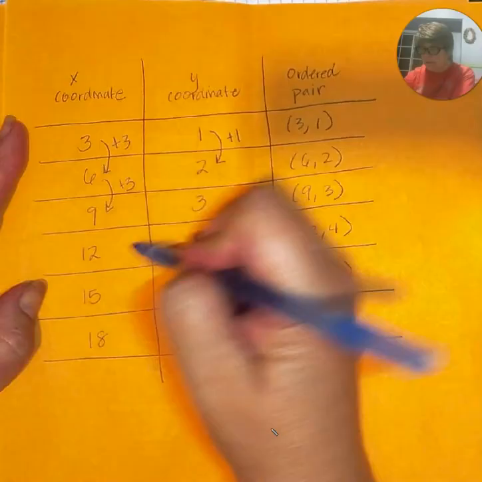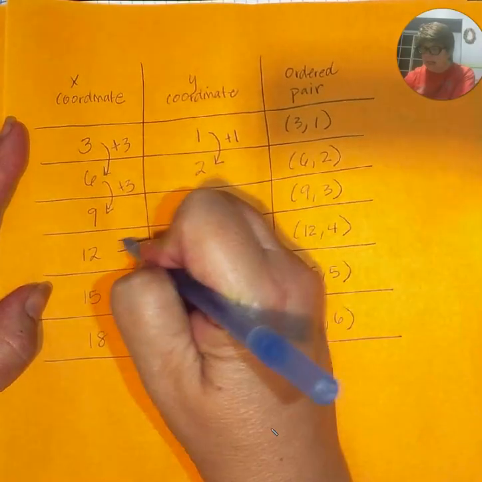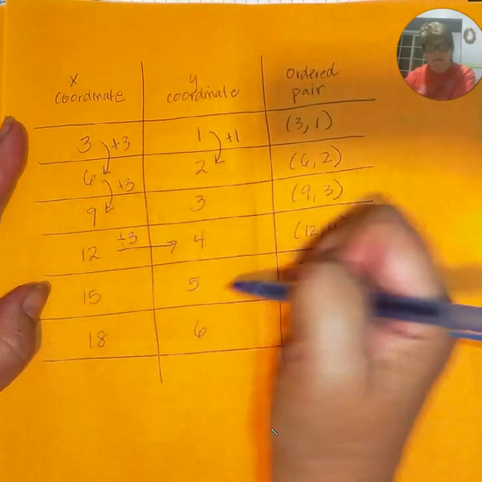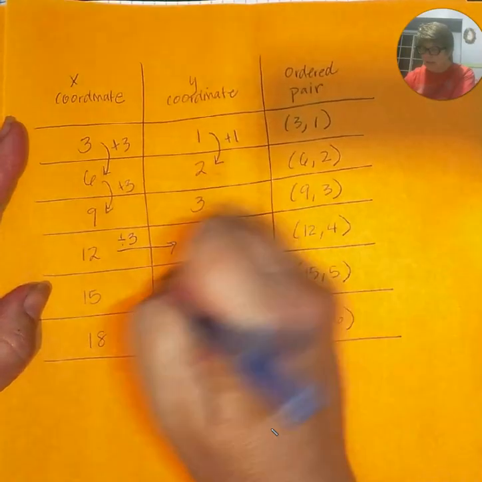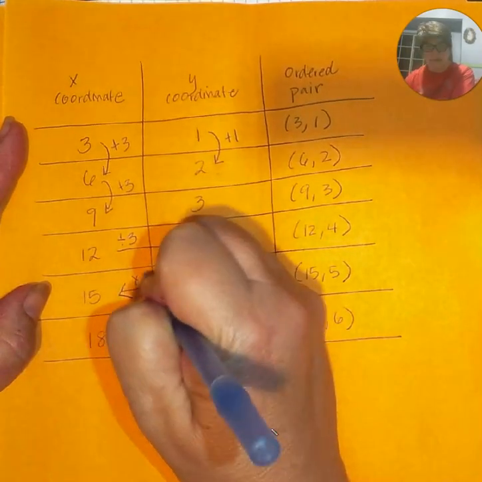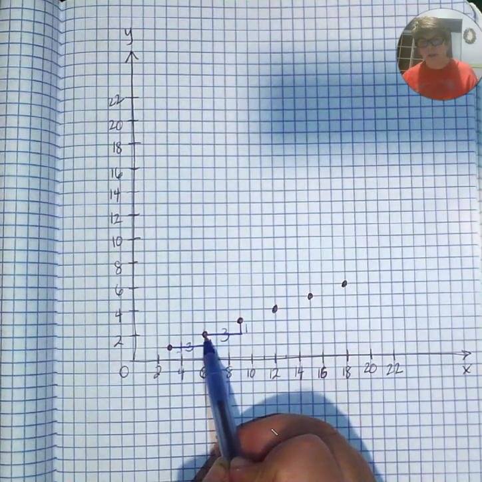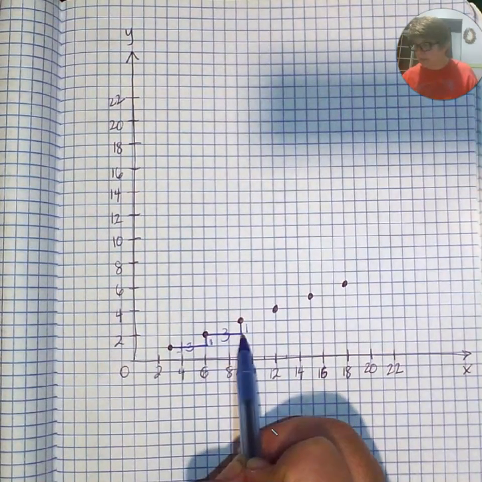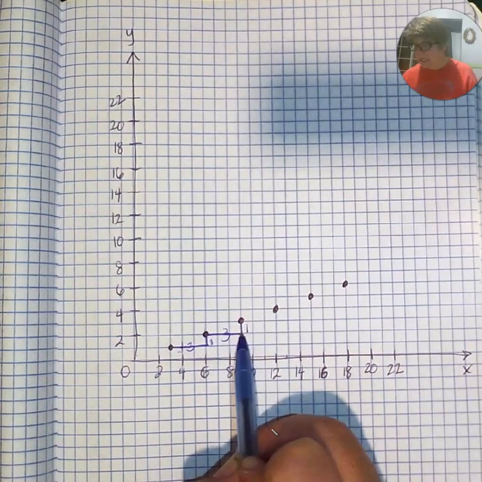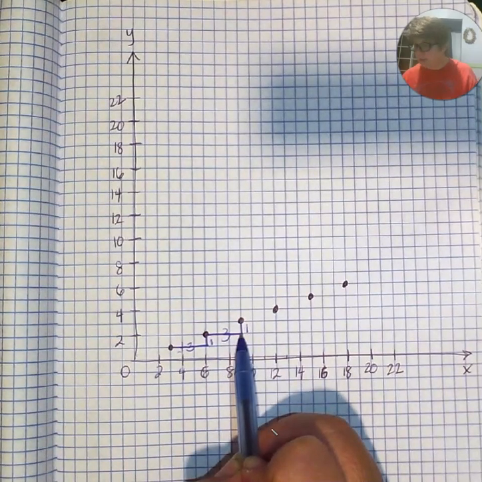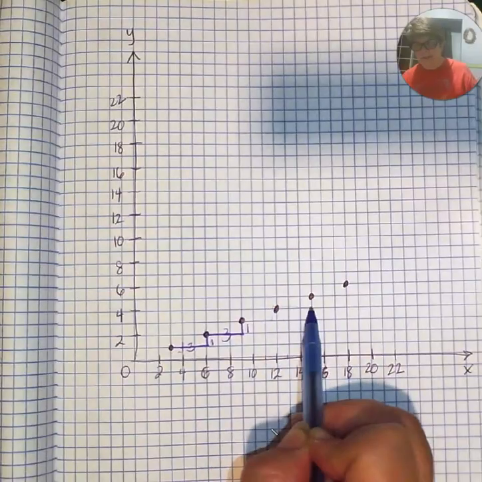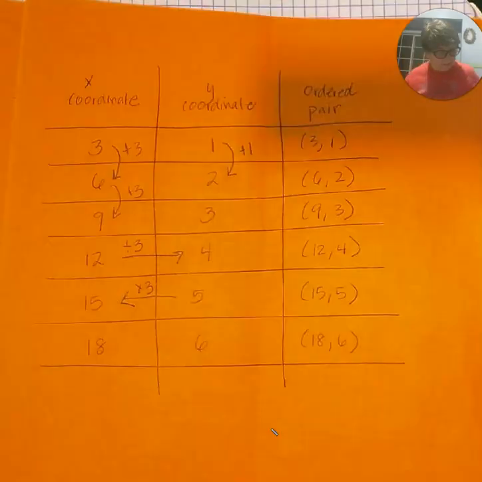So if we're going to go this way, we'd have to divide by 3. And if we're going to go from y to x, then we would multiply by 3. Because it's 3 times as much, and you see it right here on our coordinate plane, 3 times as much. Our x is 3 and our y is 1 every time. 3, 1, 3, 1. That's pretty cool, isn't it? I kind of like it.